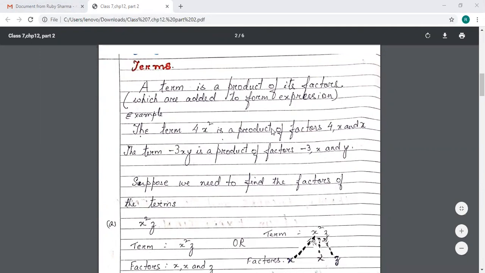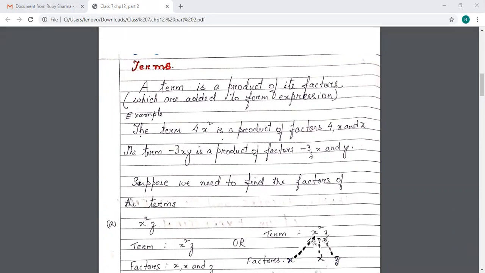So the factors are 4, x and x. Similarly here, minus 3 into x into y will give you minus 3xy. So the term minus 3xy is a product of what? Minus 3 into x into y. So what are the factors of minus 3xy? Minus 3, x and y. Now you can also write in this manner.